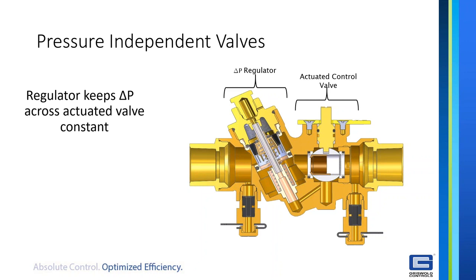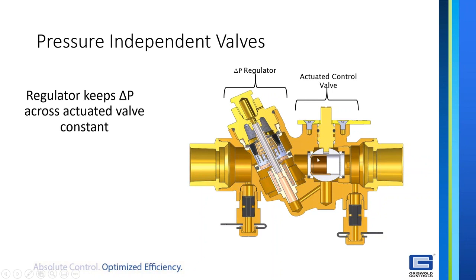In the pressure independent valve, there's a pressure regulator. This is an image of the PSID valve, and the pressure regulator's on the left side. There's a diaphragm inside, and there's a spring inside also. The purpose of the cartridge in the pressure independent valve is actually to maintain a constant pressure drop across the control valve.